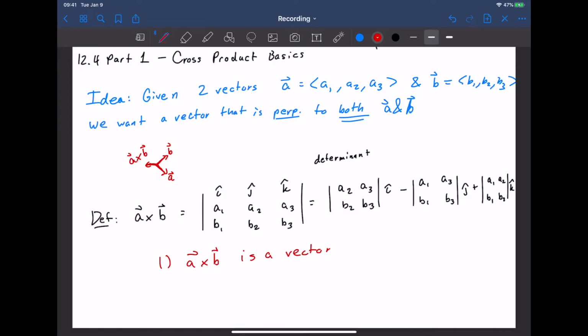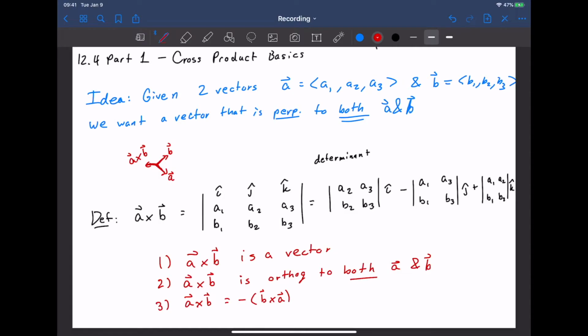And what's special about the vector? Two, one more time, A cross B is orthogonal or perpendicular to both A and B, both of them. And three, A cross B is not the same as B cross A. They're opposites.